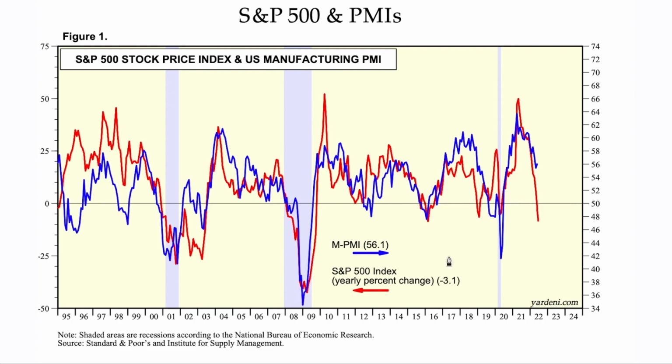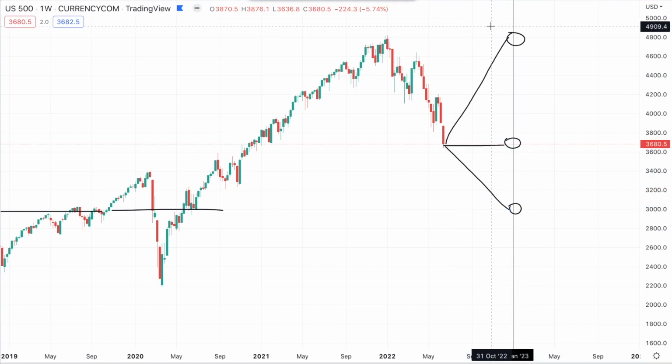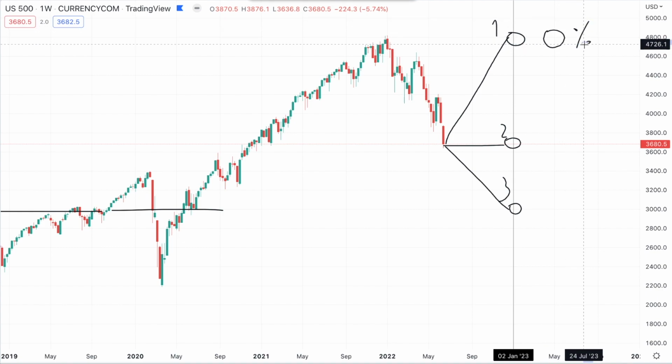So how do we figure out what this chart is going to look like? This is year-on-year percentage change on the S&P 500. So let's call this scenario 1, scenario 2, and scenario 3. Scenario 1, we get back to the all-time high, and that means that the stock market has been flat since January 2021. That's a 0% year-on-year change in scenario 1.